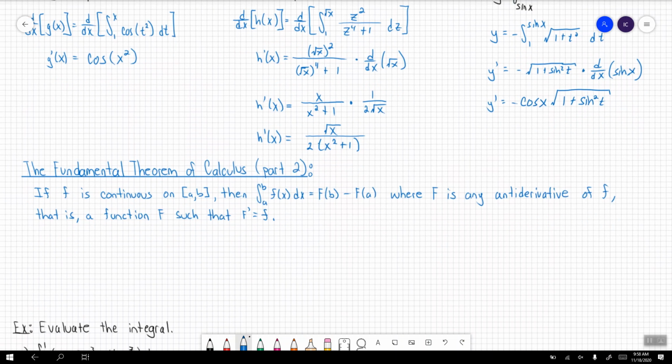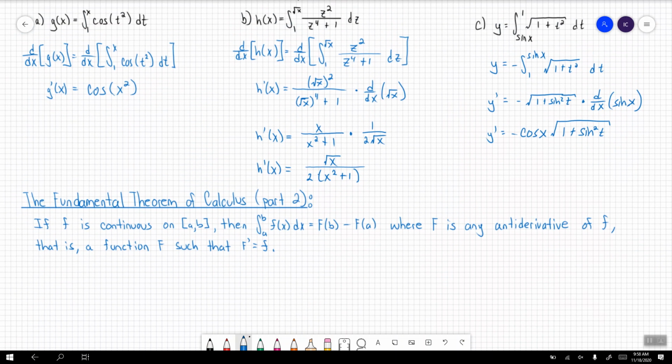Now, the fundamental theorem of calculus part 2. Fundamental theorem of calculus part 2 is then telling us that if f is continuous on an interval from a to b, then the integral from a to b of f of x dx is equal to capital F of b minus capital F of a, where capital F is any antiderivative of the function f.